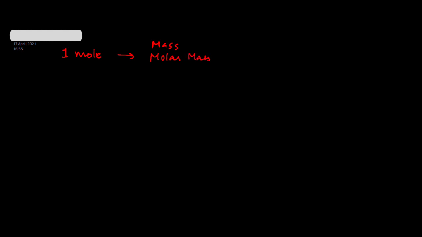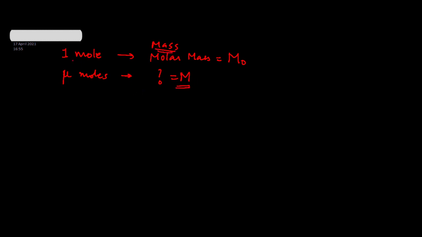I need a definition, so molar mass symbol is M0. Generally we use a one-lettered symbol, that's why M0. So if there are mu moles, then how much will be the mass? That is M. Then the mass is M.